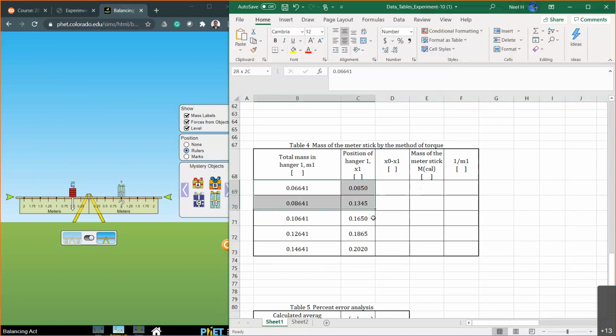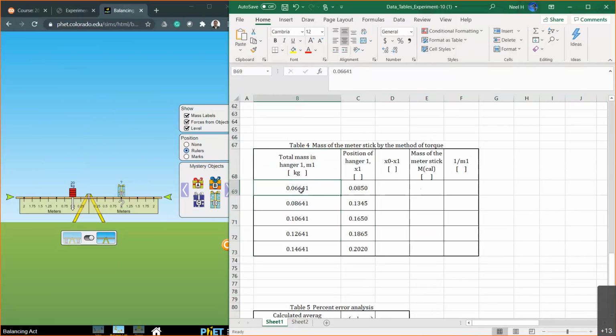This data set is shown in table number 4. The mass M1 is the mass M which I wrote earlier on the left-hand side with the hanger. By changing the mass, you can see I'm changing it very little, in unit kilogram. I'm changing about 20 grams at a time, a very small amount of mass.